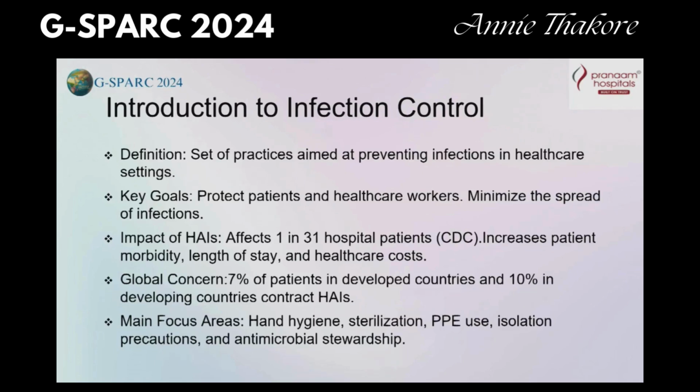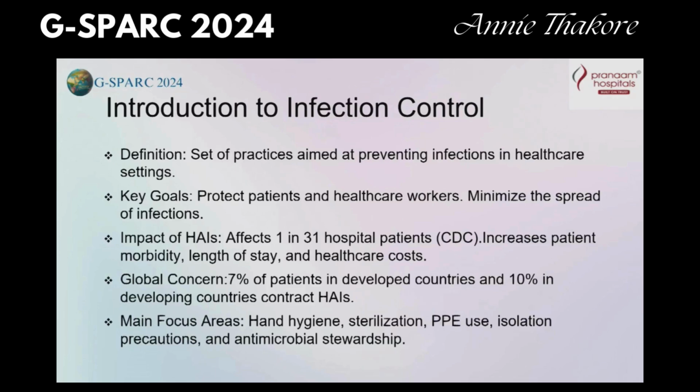And what is the key role? The role is giving protection to the patients and health workers, and minimizing the spread of infection. If you see the impact of hospital-acquired infections, as per CDC, it affects 1 in 31 hospital patients. So it's a major thing to address.